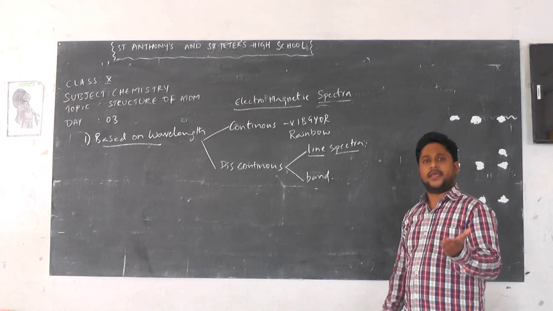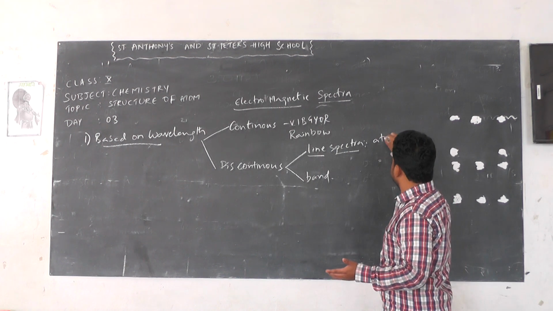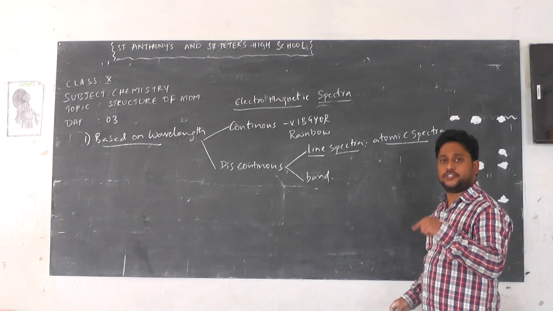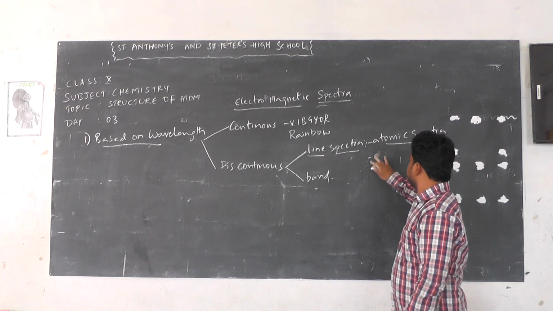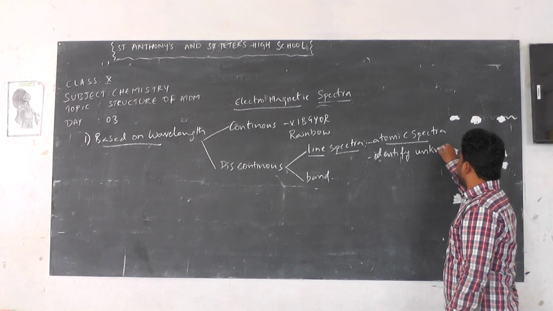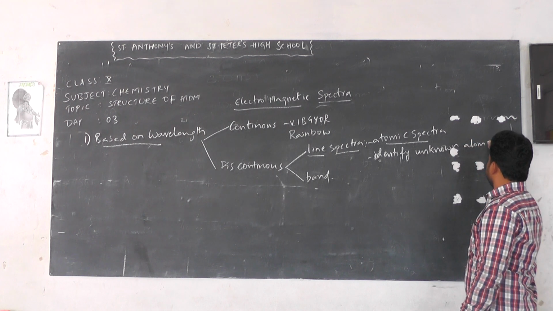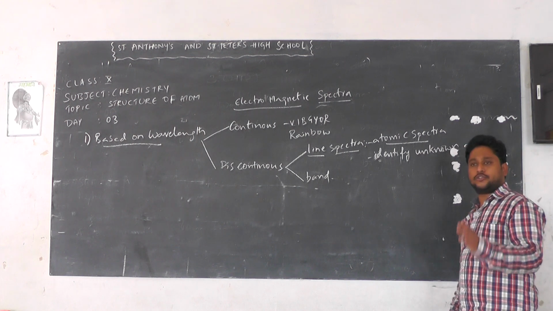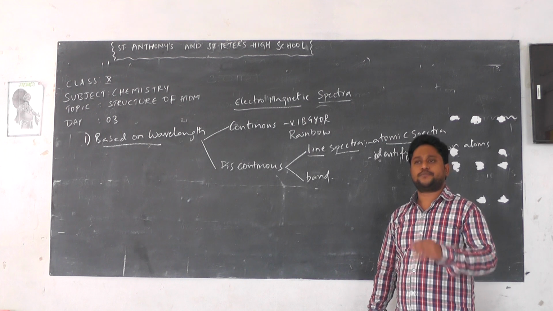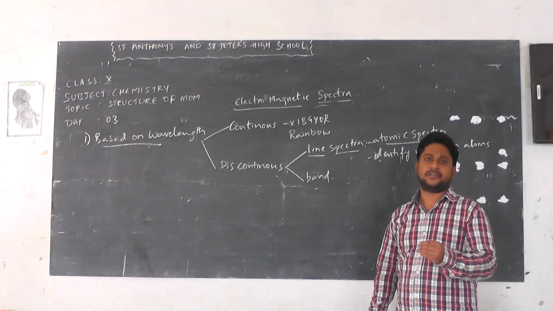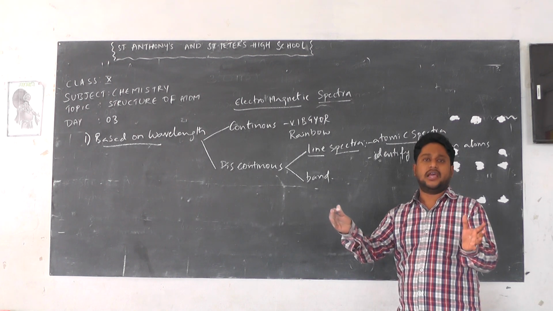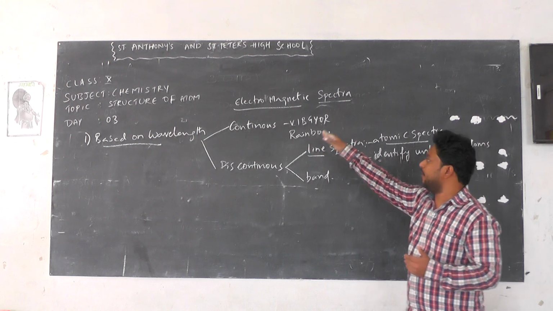Line spectra is also called atomic spectra, which is used to identify unknown atoms, because these atoms in the gaseous phase are not going to emit different waves, like from VIBGR, from violet to red.